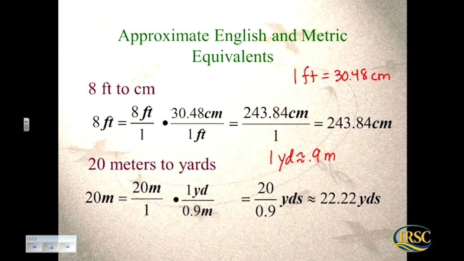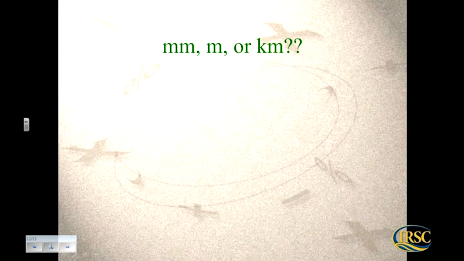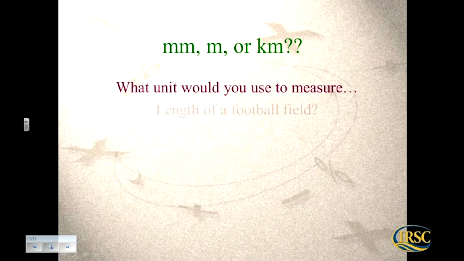And then you'll have some questions that ask you, what's the most appropriate unit to use? Trying to get you familiar with the metric system if you're not already. So your choices are millimeter, meter, or kilometer. What unit would you use to measure the length of a football field? Meters. Yeah, meters is it.